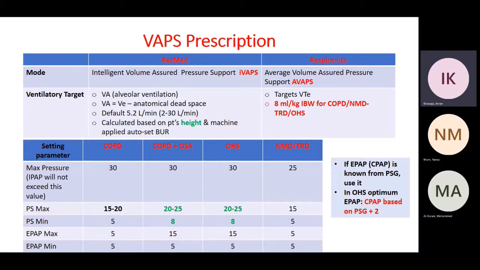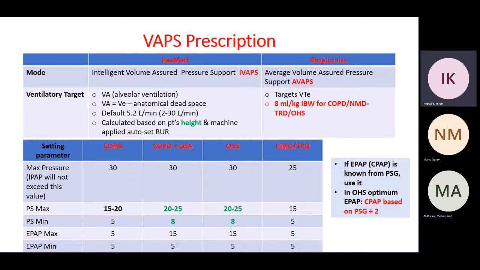But if you don't know their sleep apnea status, they have not been tested, or you have a clinical suspicion about it but have not tested the patient, you can use the variable EPAP. And it's recommended to do it in this range, 5 to 15, because the machine is not going to jump to 15. It will only give the patient whatever it takes to open up their airway and take care of the apneic event.